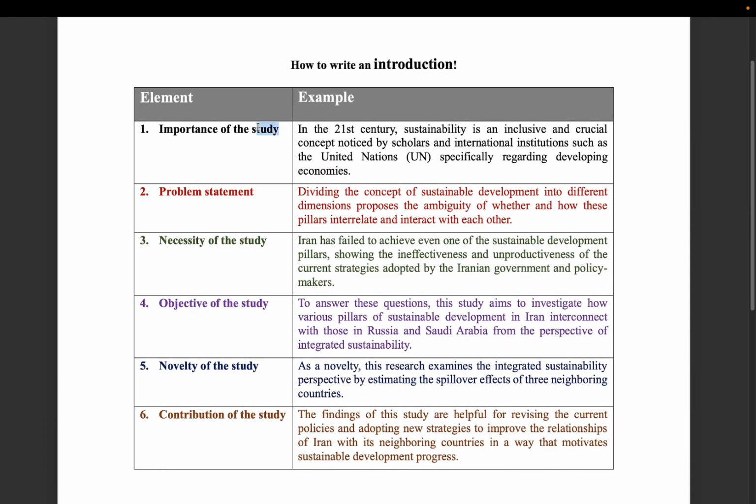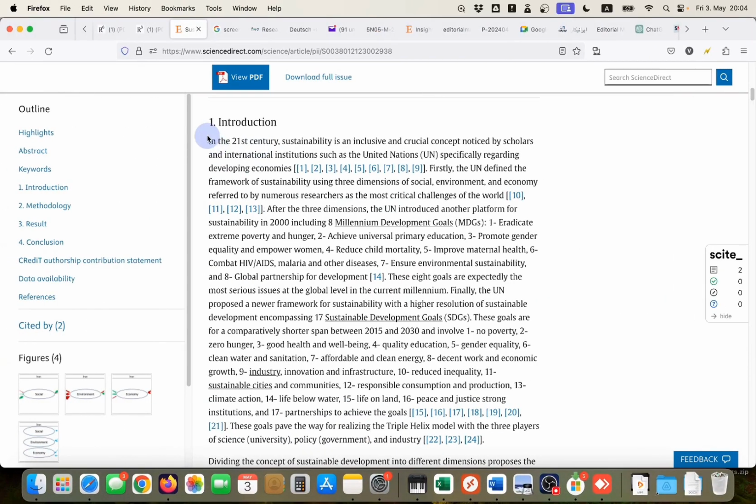The first element is the importance of the study. As you can see, the first paragraph starts with the importance of the study. And the topic sentence of this paragraph writes that in the 21st century, sustainability is an inclusive and crucial concept noticed by scholars and international institutions such as the UN, specifically regarding developing economies.